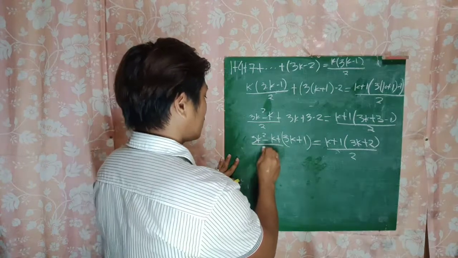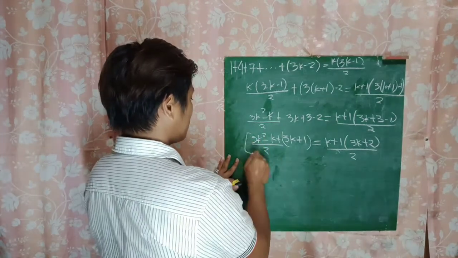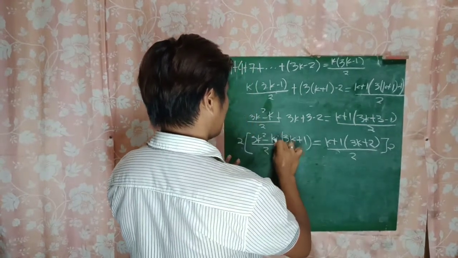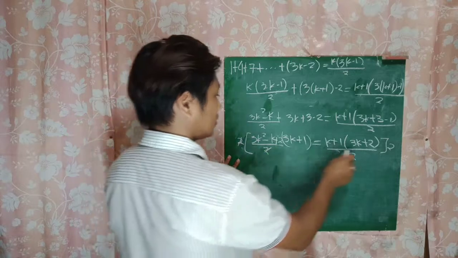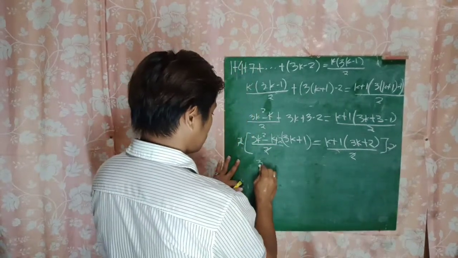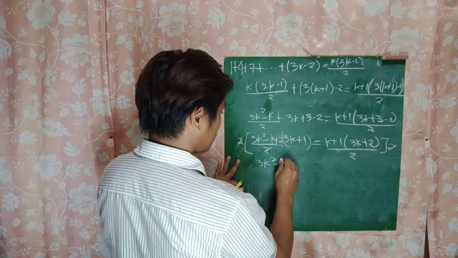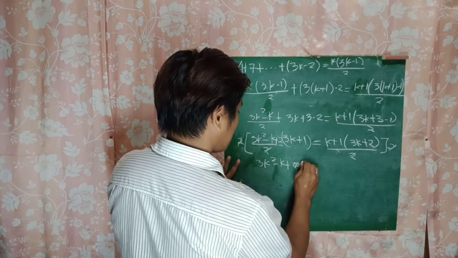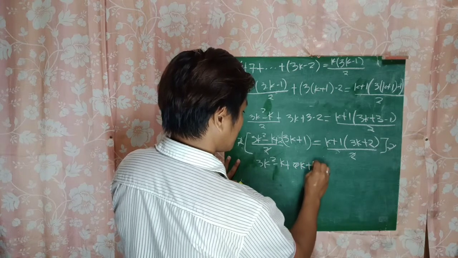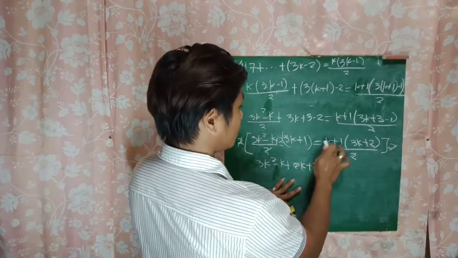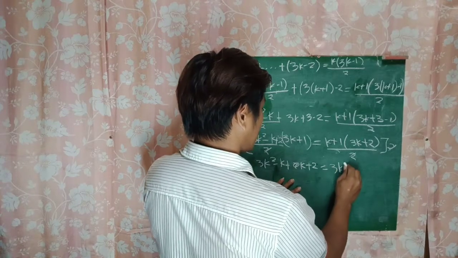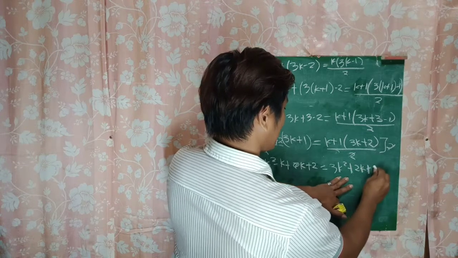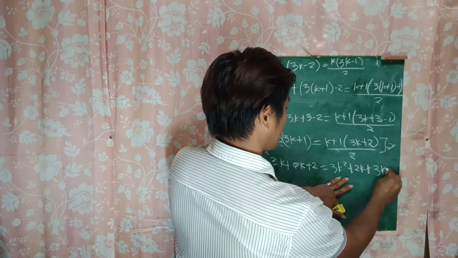To cancel the 2, multiply both sides by 2. Multiply by 2, so cancel. So we have 3k squared minus k plus 6k plus 2 equals, distribute, so we have 3k squared plus 2k plus 3k plus 2.